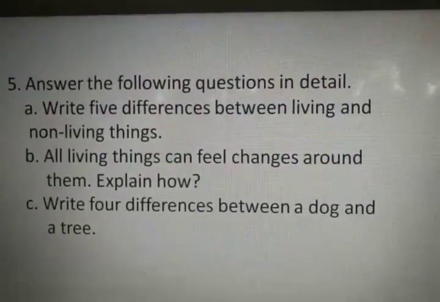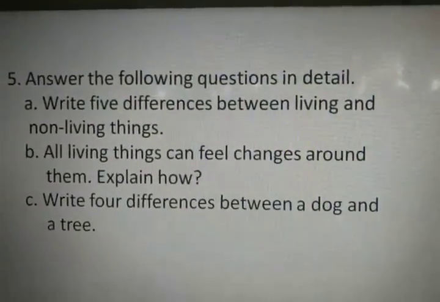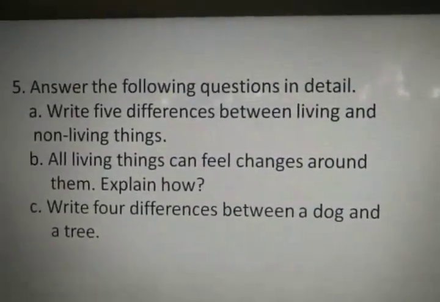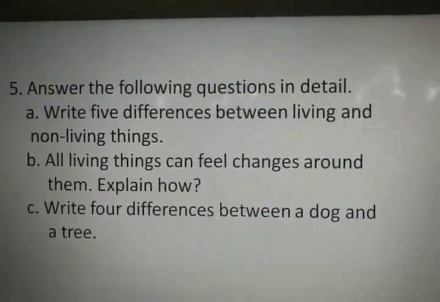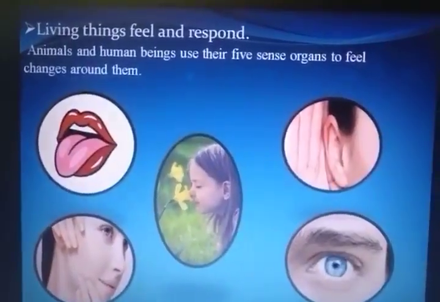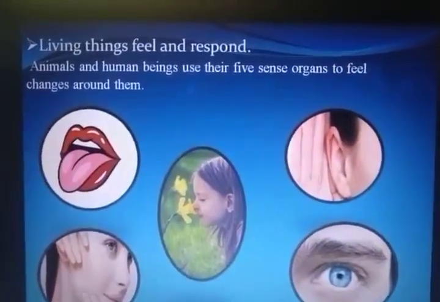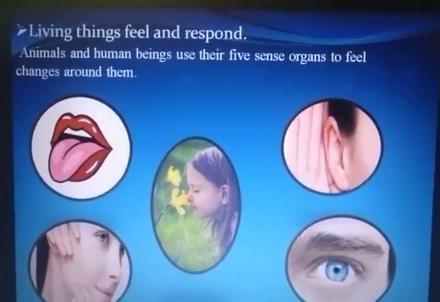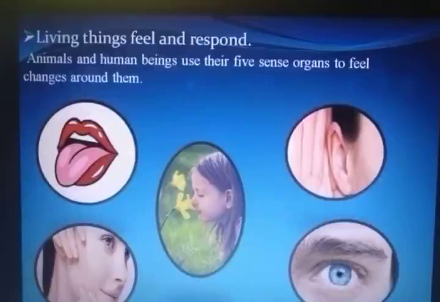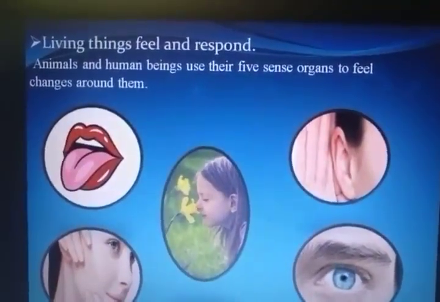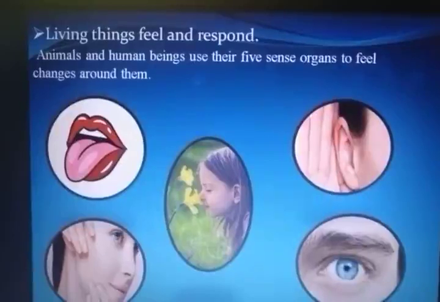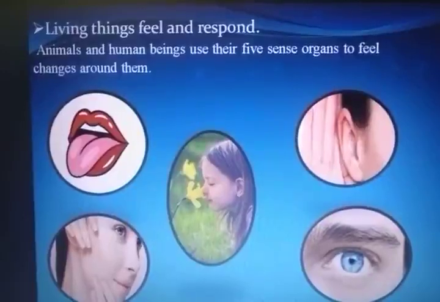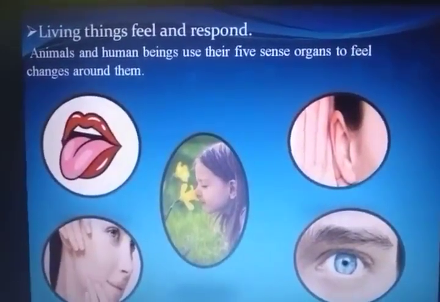Children, we have seen this in the last video. We can have a short recap of this. We learned that living things feel and respond. Animals and human beings use their 5 sense organs to feel changes around them, and those 5 sense organs are tongue, skin, nose, ear, and eyes.